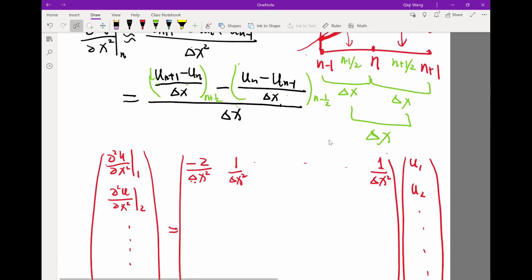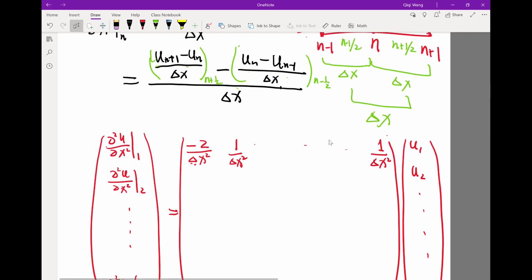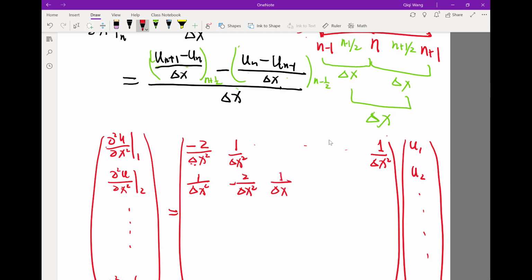Okay, how about the second row? One over delta x squared. Good. Now we see a pattern, right? It's the same thing that happened in the first order derivative. Everything gets shifted by 1 as we go down consecutive rows.